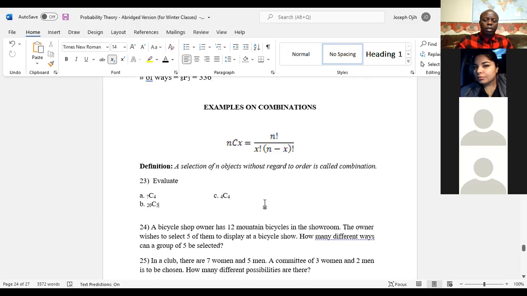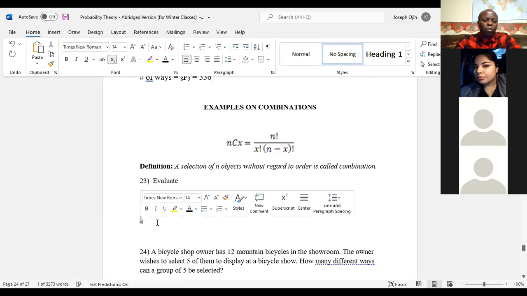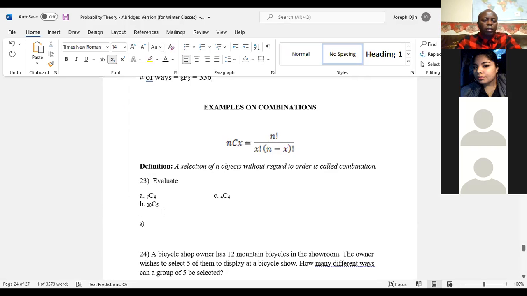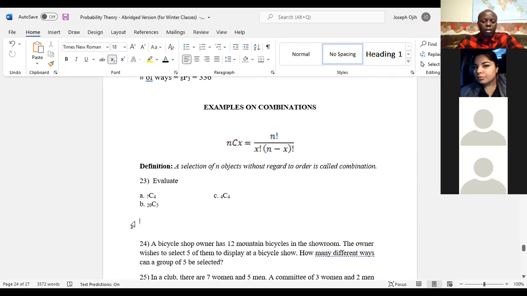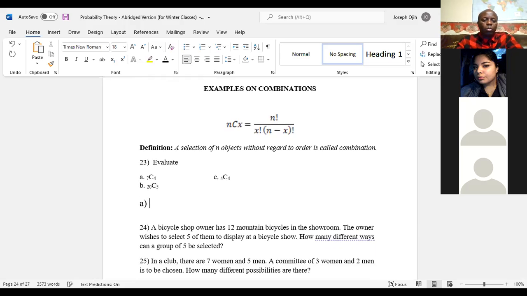Let's say part A, we have 7 combination 4. In this case, n is 7, x is 4. Let me show you how this will look when you put it in the formula. Let me take you to this workbook.